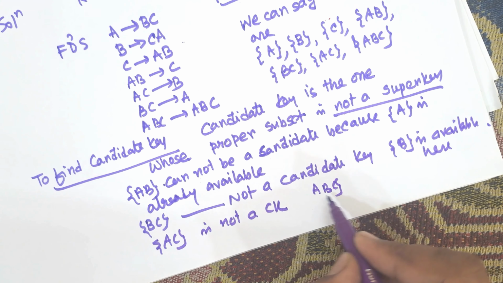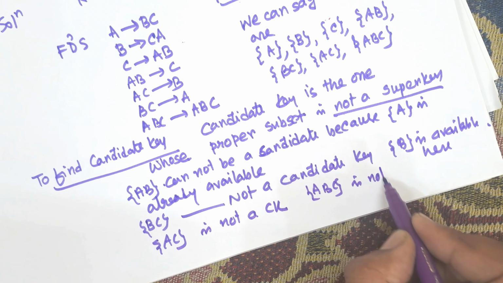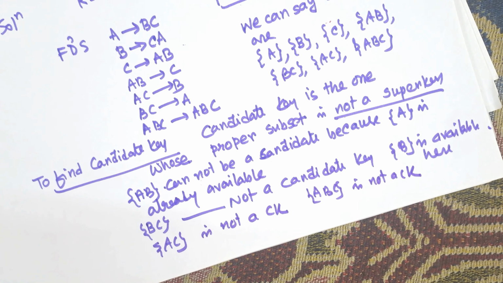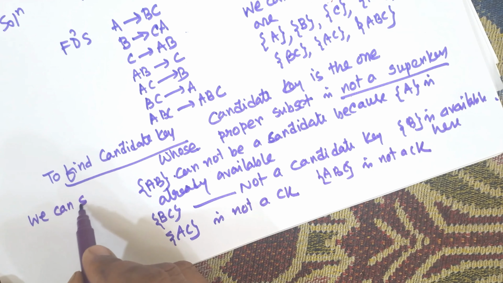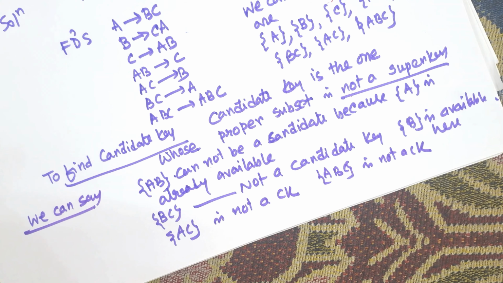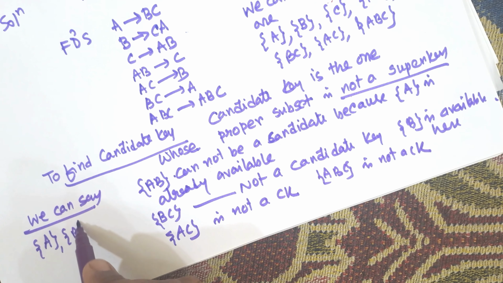ABC is not a candidate key. So we can say A, B, C are the candidate keys.